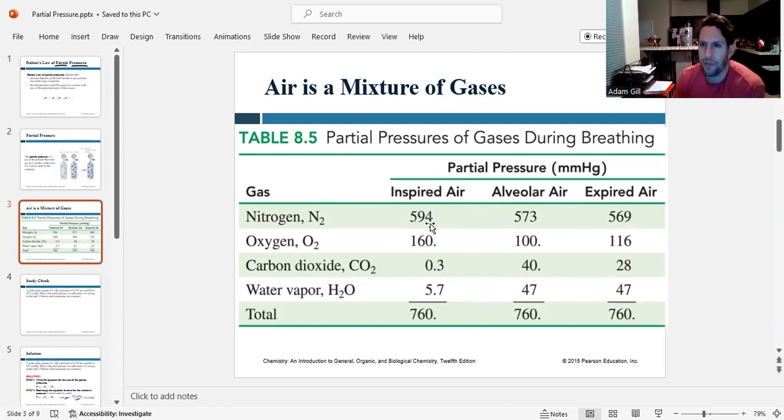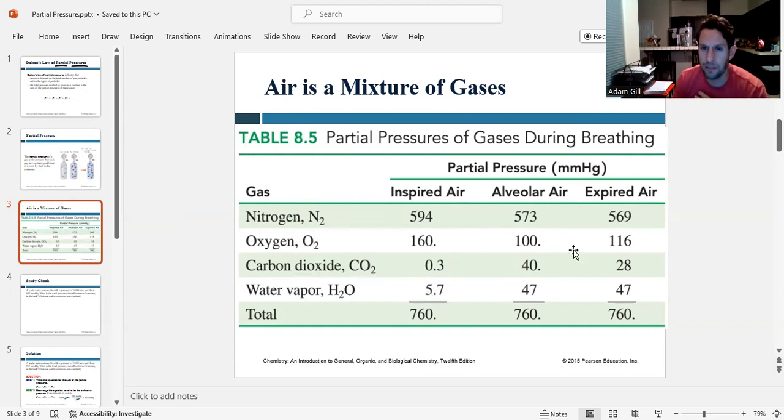And so air that you breathe is about 594 millimeters of mercury nitrogen. Only about 160 are oxygen. Carbon dioxide is 0.3 millimeters of mercury, and water vapor in the atmosphere varies from region to region, but on average, it's about 5.7 millimeters of mercury.